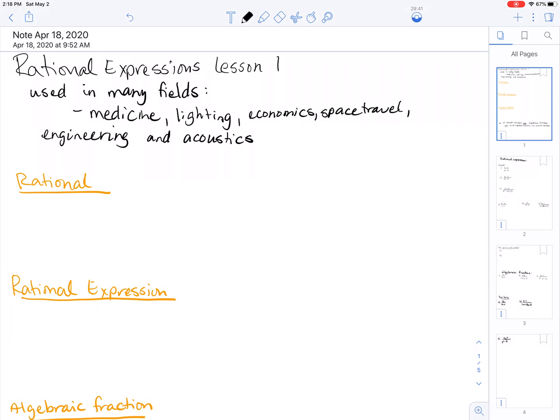When we're looking at rational expressions, we have to go back to some of our early definitions. What does rational mean? From the first week of school when we did a review, a rational number, as we know, is a number that can be made by dividing two integers.